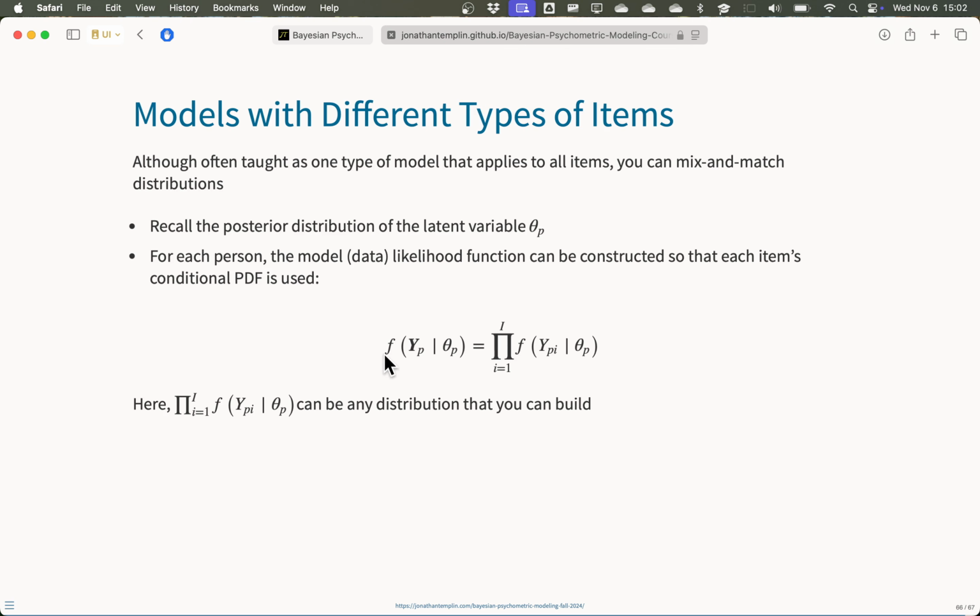Remember, the model data likelihood of y given theta is the product of each of the individual item response likelihoods right here. Well, it just so happens these likelihoods can come from any distribution. You could have some that's graded response and some that's nominal response, and it should work out just fine. So just a note, even though most of our examples in class tend to do what I'm doing here, which is all of one type, it's not necessary that you use all of one type.